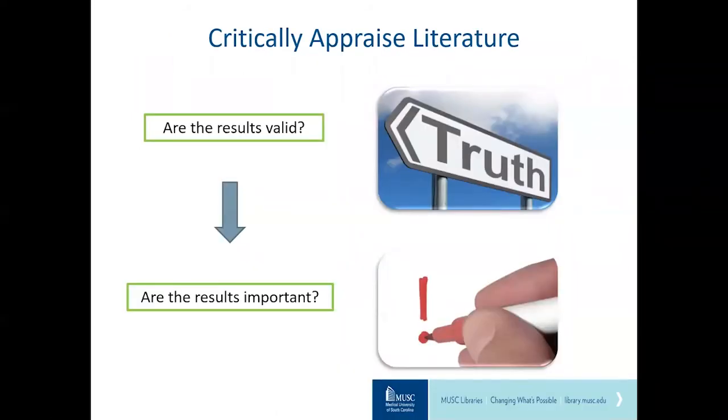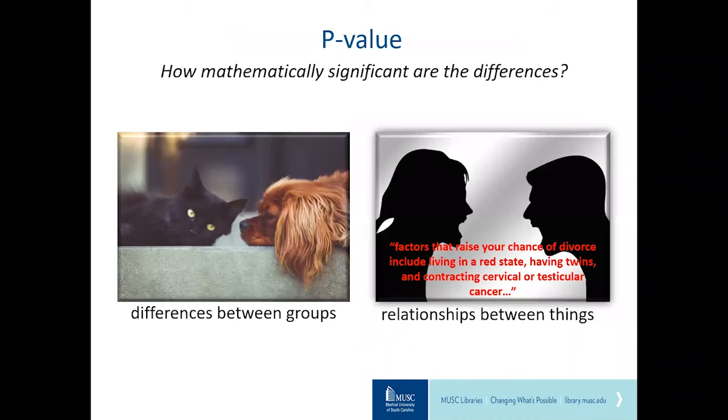So now that we've talked at length about tools to appraise whether the results of a study are valid, I wanted to quickly hit on a few key points for assessing whether a study's results are important. While there are many ways that statistics are assessed and interpreted in research articles, one of the most common is a p-value.